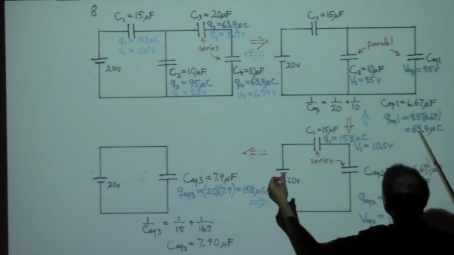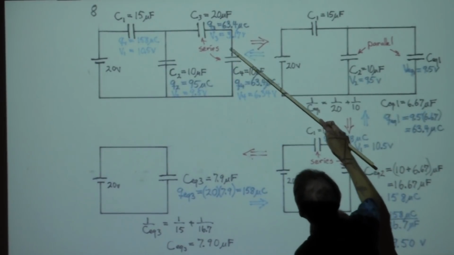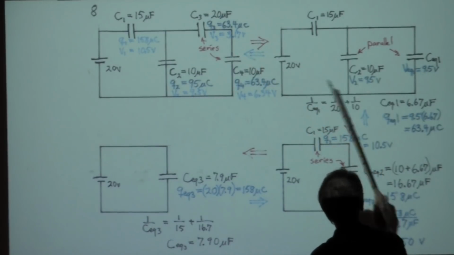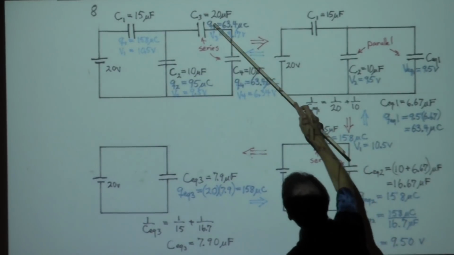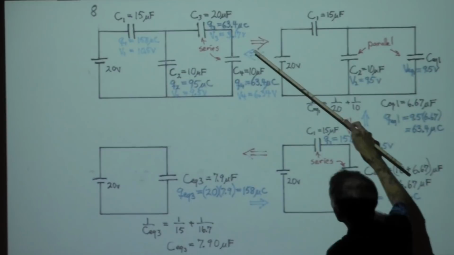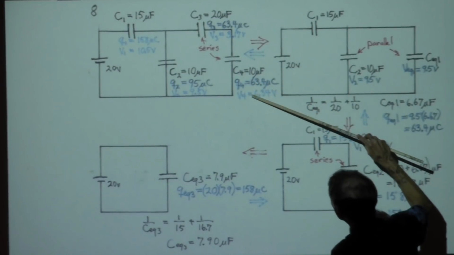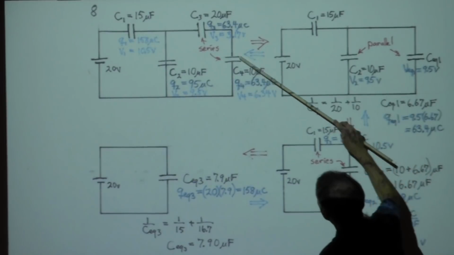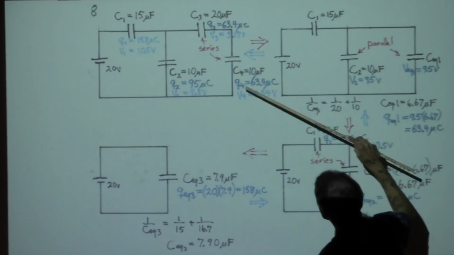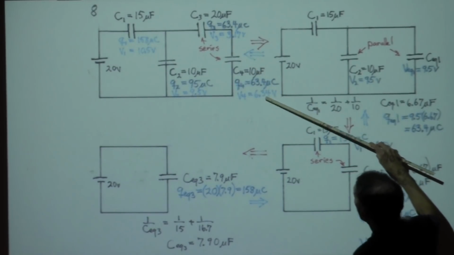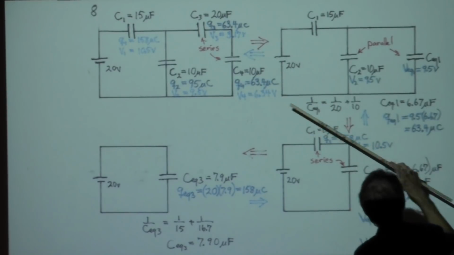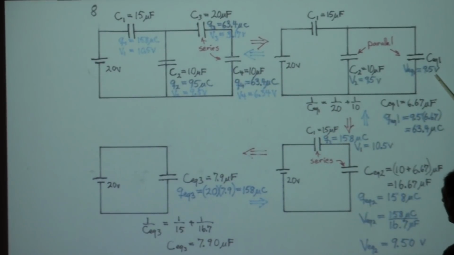I'm going to take that, and that should be the same on both of these. 63.4 is the charge on this one as well as the charge on this one. Then we can get the voltages. This one's going to be 3.17. This is going to be 6.34. Adding these two together, they should add up to 9.5.